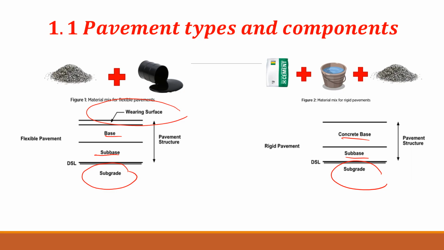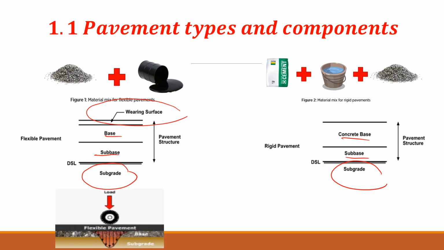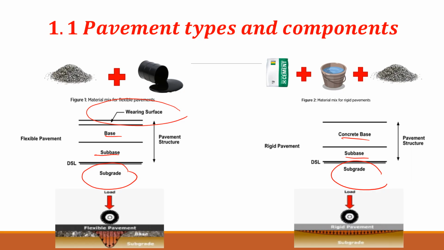And what else? What are the other differences between flexible and rigid pavements? There are a lot of differences, but for us, to do the design part, next important difference is the way the load is distributed. So as you see here in the flexible pavement, load is distributed just below the tires.